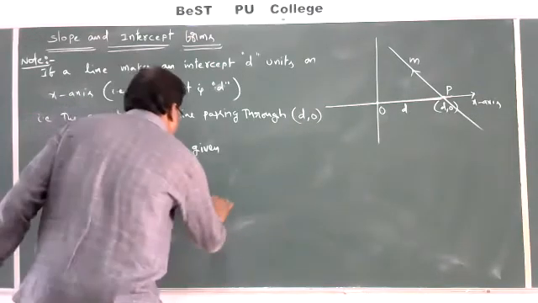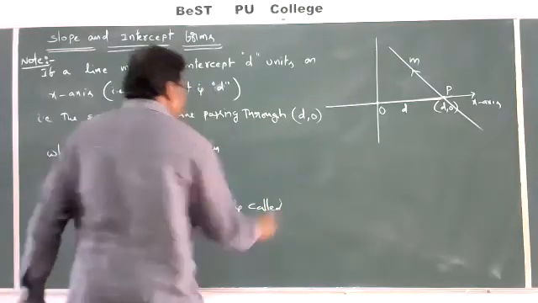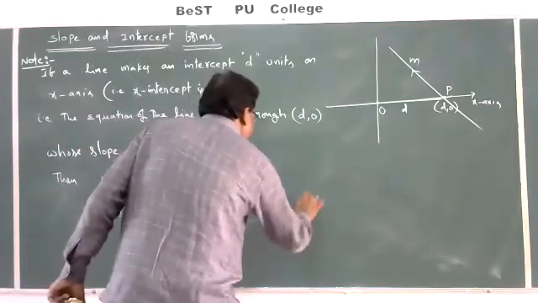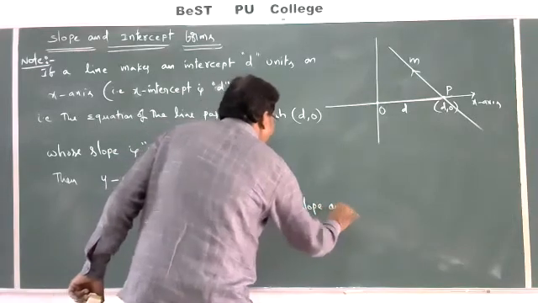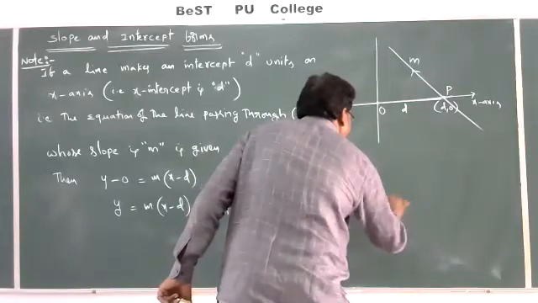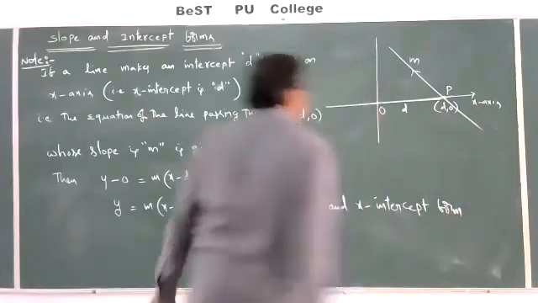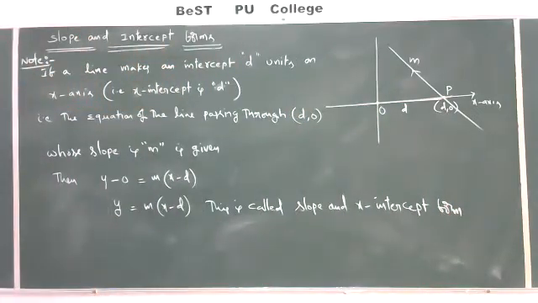This is called the slope and x-intercept form.